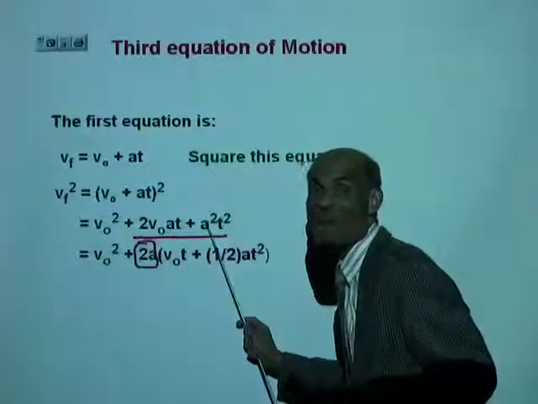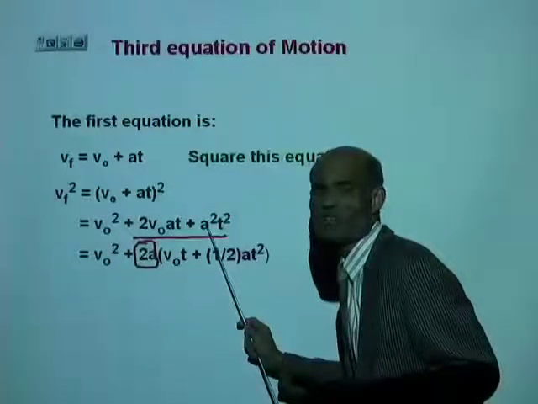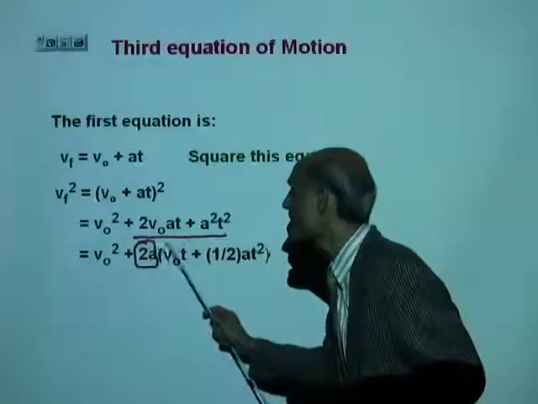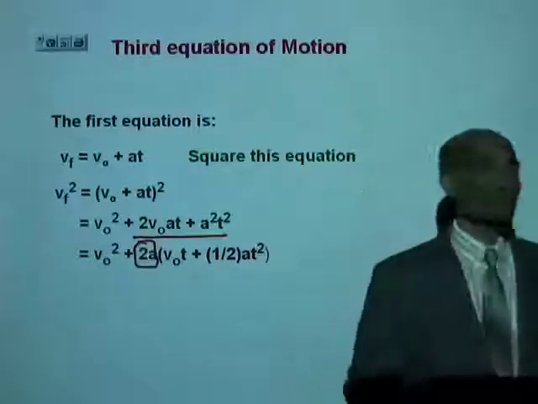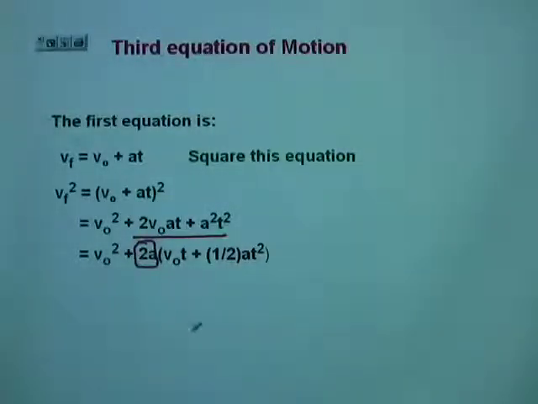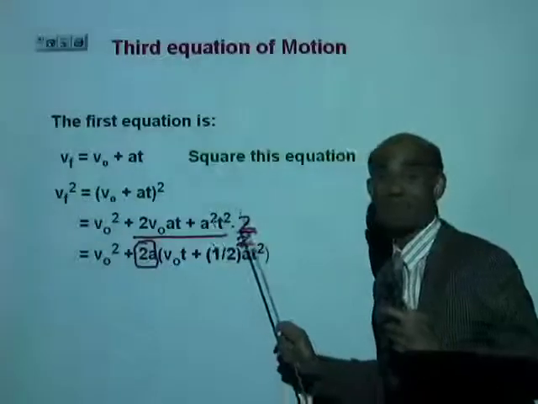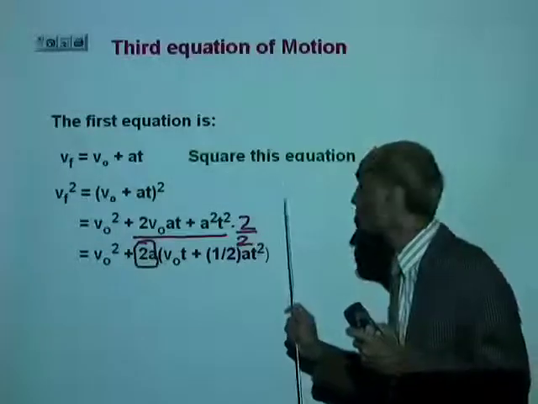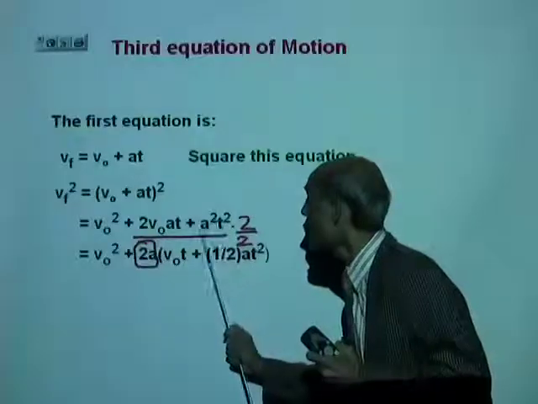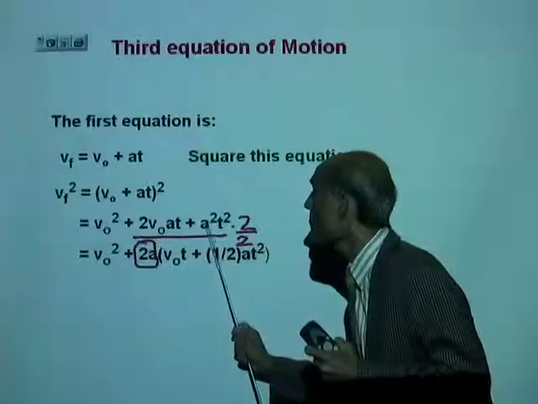There is an A there, but there is no 2 there. So how do I factor out a 2A from these two terms? Now, look what I'm going to do. I'm going to multiply that term by 2 and divide by 2. Does it make any difference? 2 divided by 2 is 1. Now what that did is, I can now factor out a 2A from there.